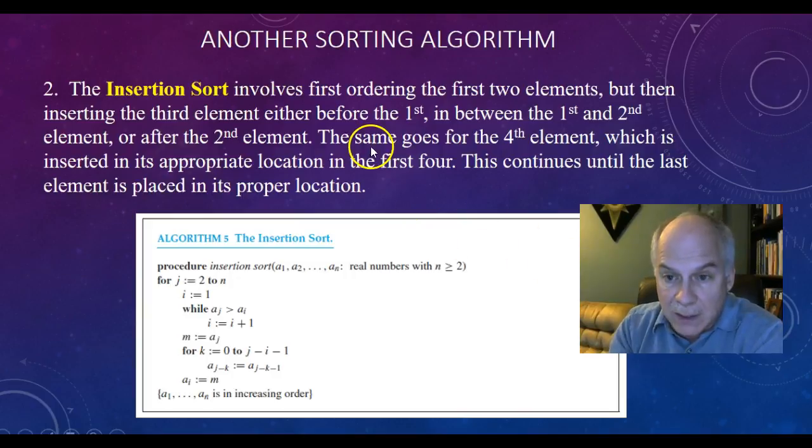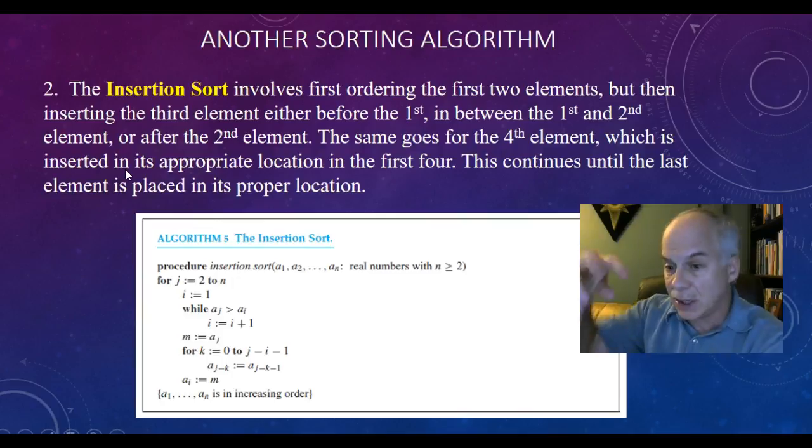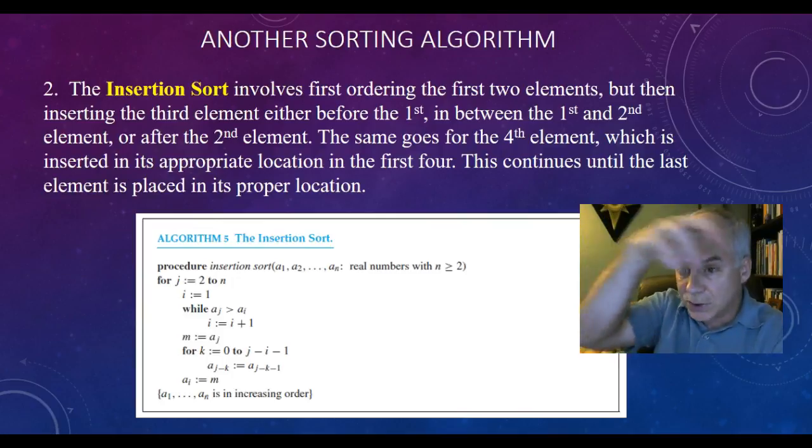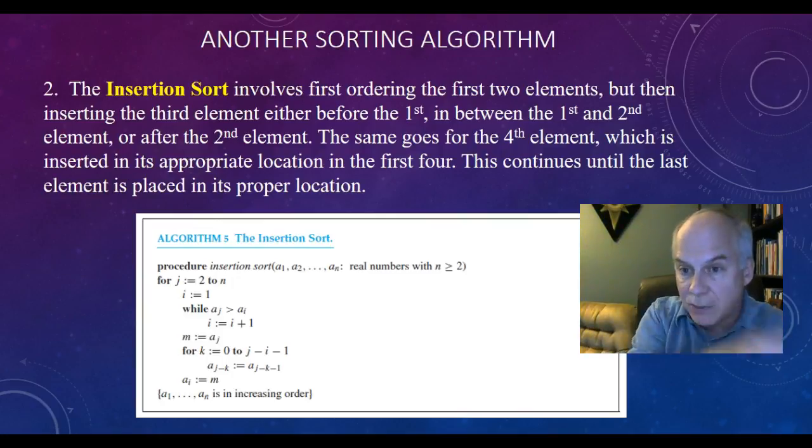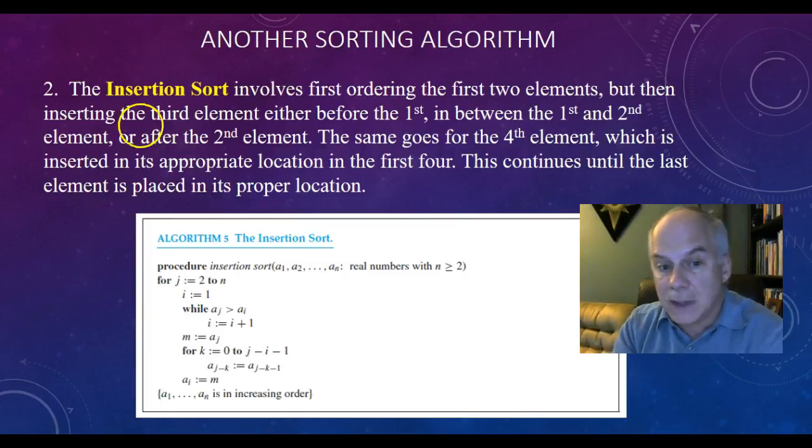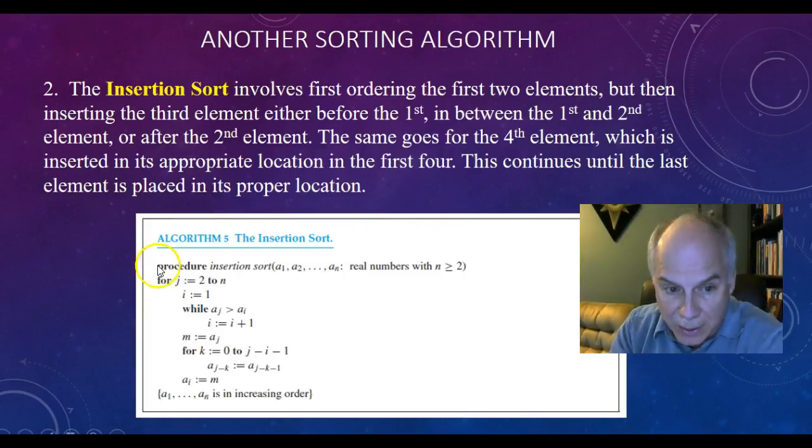But anyway, the basic idea is that each element looks at where it is and inserts itself in the right place, and it gets it all sorted that way. So here is the algorithm, and you'll have to look through the details of it.